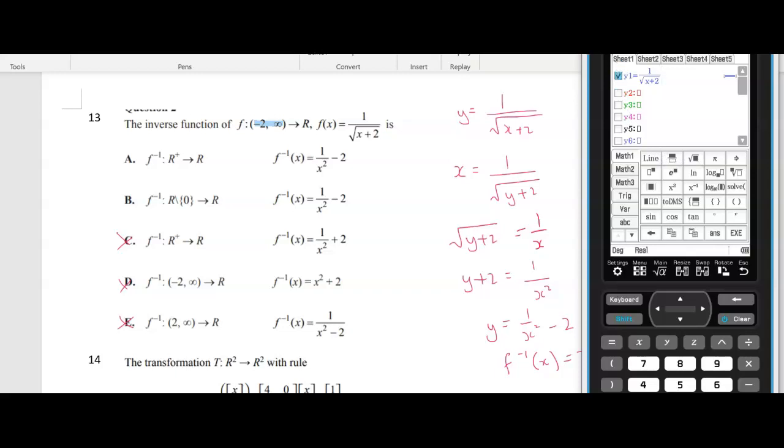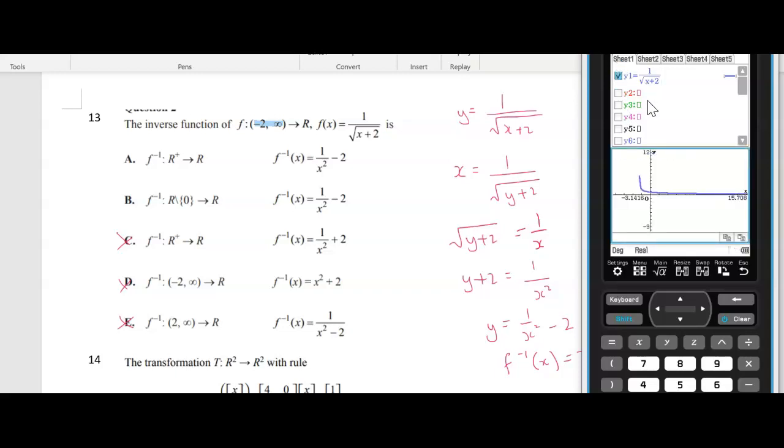All right, so I'm just sketching my original function. Okay, so we can see that we've got an asymptote there at -2.